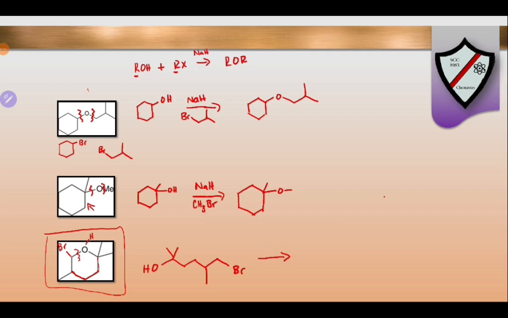Then, if we just throw that in a reaction vessel with some sodium hydride, we should expect the product we have listed. These are examples of how we prep simple ethers, unique ethers in the laboratory via the Williamson ether synthesis.